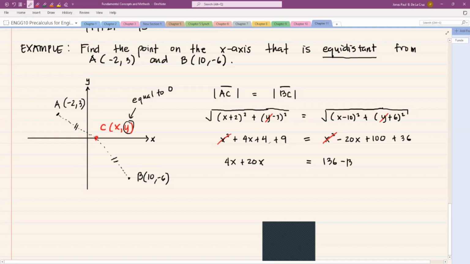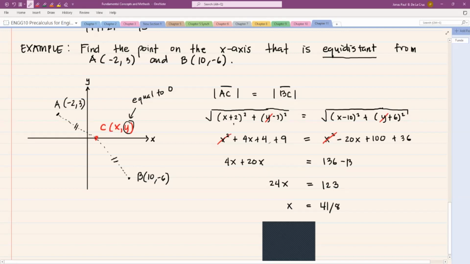So, minus natin yung 13. Okay? So, we have 24x is equal to 123. Yan. So, we divide both sides by 24. So, the x-coordinate is 41 over 8.